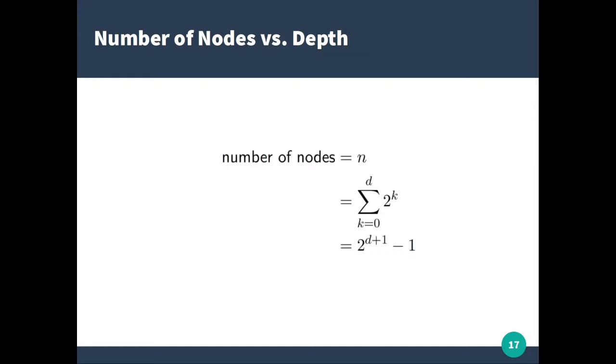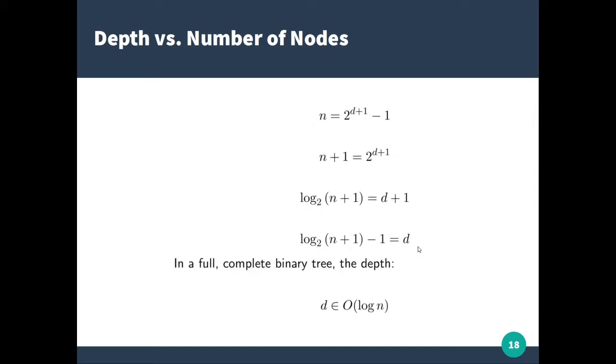And this is finally equal to 2 power d plus 1, minus 1. So in a full complete binary tree, the depth is equal to log n, where n is the total number of nodes.